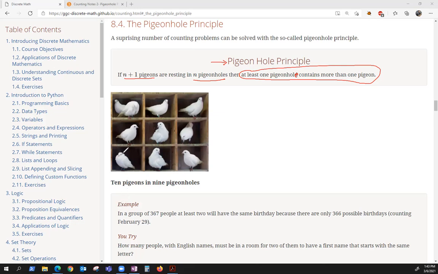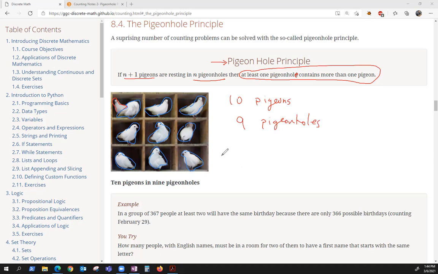Let's look at this example. Here we have, let's see how many pigeons we have. So we have one pigeon, and here is a second pigeon. So there's two, and then 3, 4, 5, 6, 7, 8, 9, 10. So I have exactly 10 pigeons, and I want to put them in, well, 3 by 3, 9 pigeonholes.